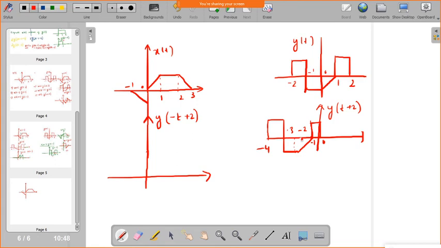Did you get it? Now you reflect this signal. If you reflect this one, what will you get? So you will get it like this.